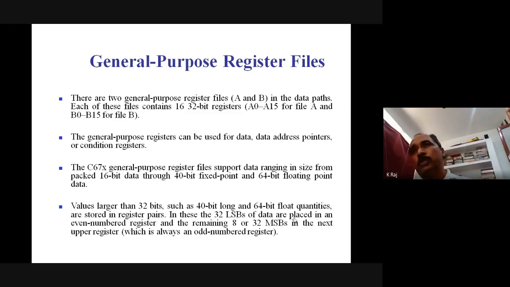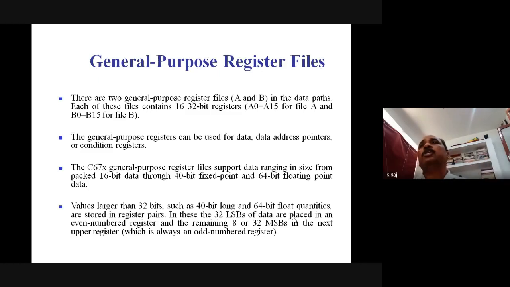There are A0 to A15 in register file A, that is 16 registers, and B0 to B15, that is 16 registers in the data path B, or register file B. So there are 32 registers, 16 in register file A and 16 in register file B, and each is 32 bits wide. The total number of registers in register file A and register file B is 32, and they have a word length of 32 bits.